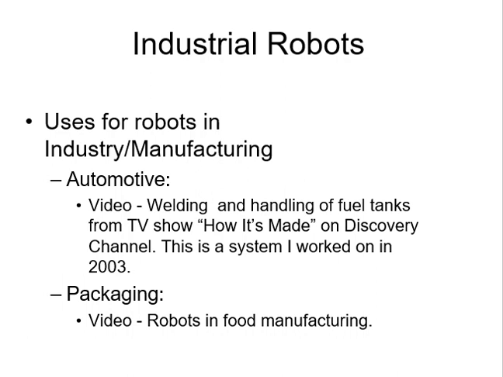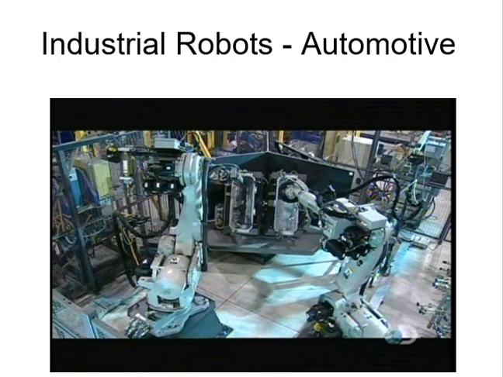This is a system I worked on in 2003, which means the Discovery Channel witnessed how robots work in a manufacturing company. In manufacturing companies, robots also work in many fields such as packaging, especially in food manufacturing. Now let's move on to the next slide.